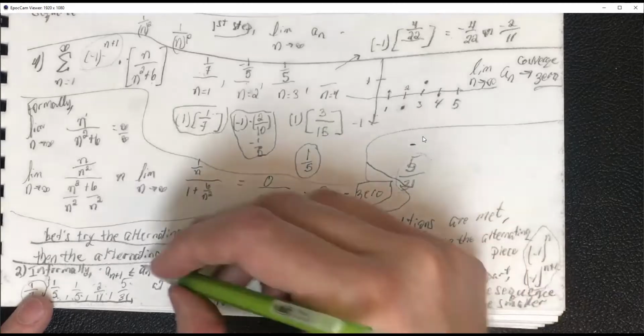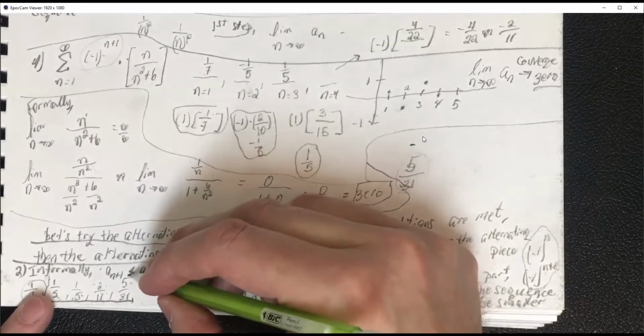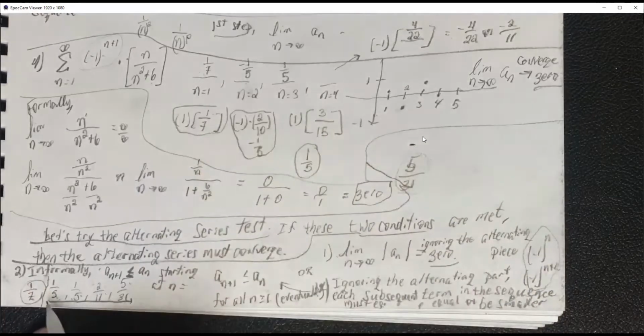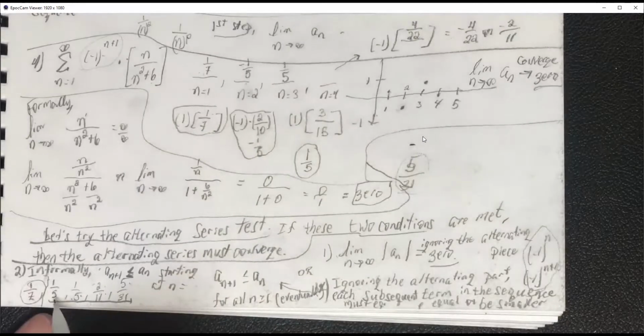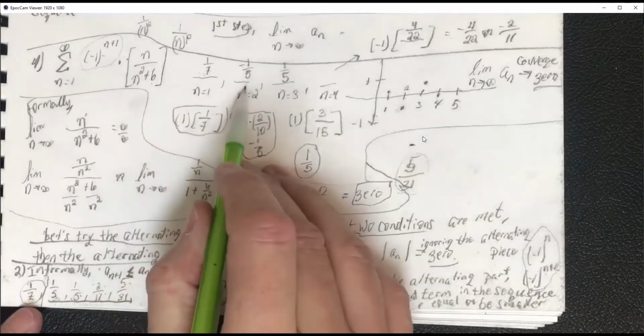When did it start to be less or equal? Well, starting right here. And what term was this? When n equals what? 1. So this is when n equals 1. And this is when n equals what? 2.